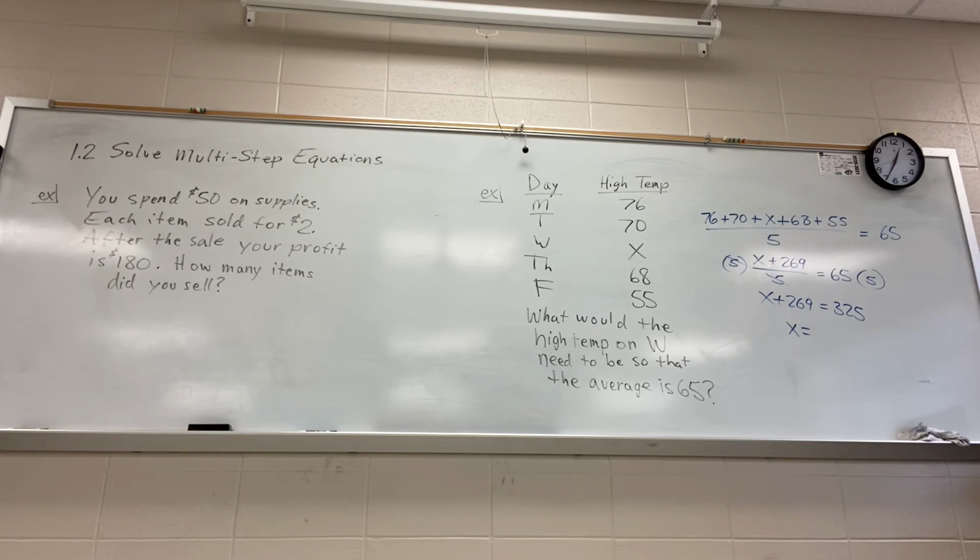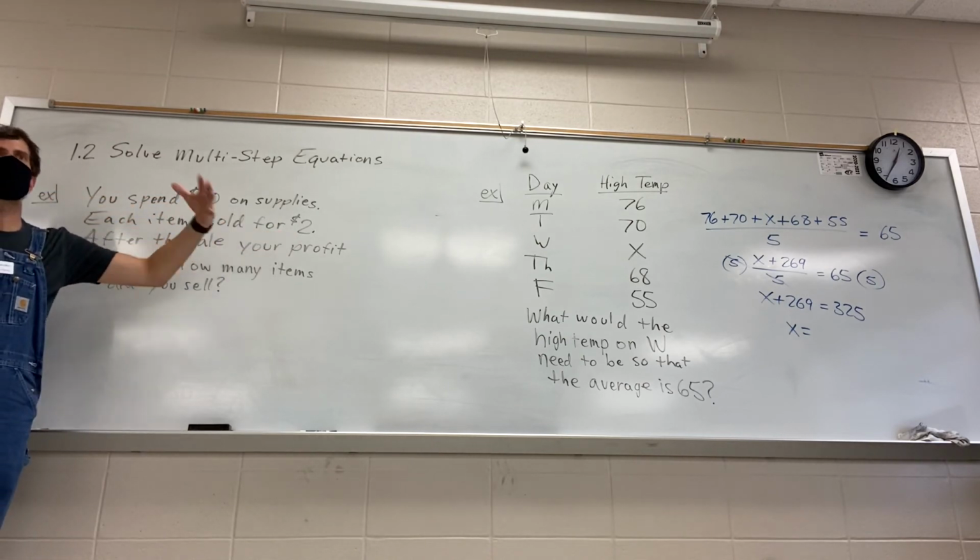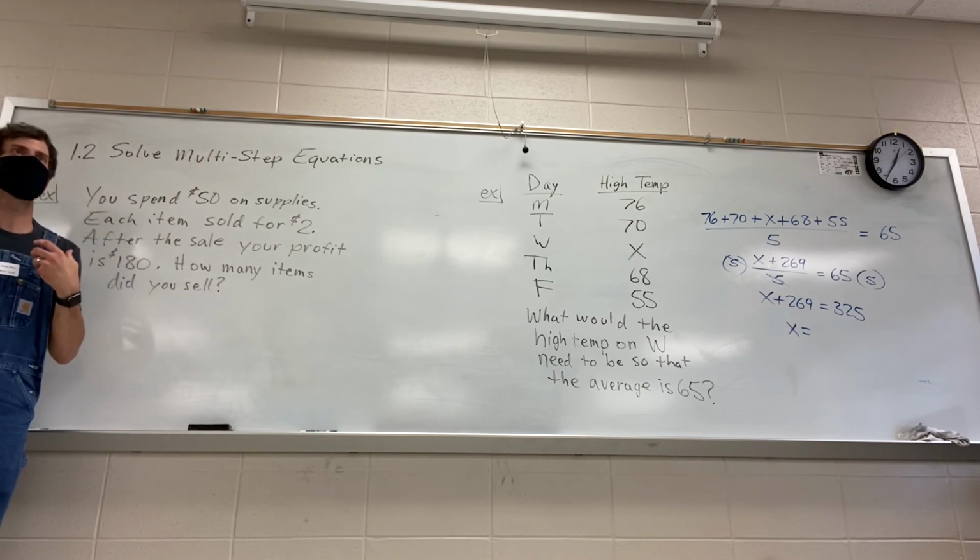Question or an answer? Question. Because it says each item sold for $2, does that mean he bought each item individually for $2? Because it just says $50 on supplies. Supplies is money that you spent. What you sold things for is money you brought in.